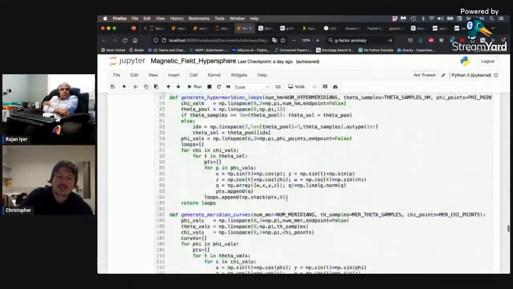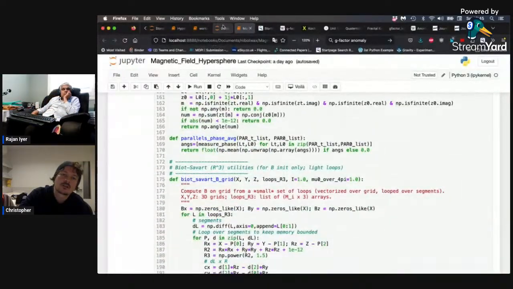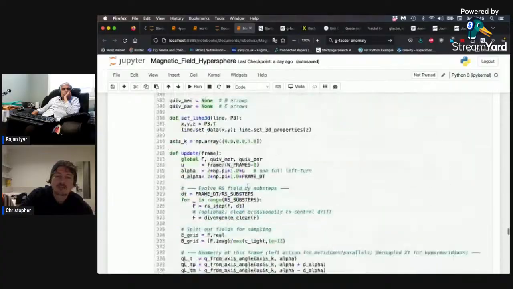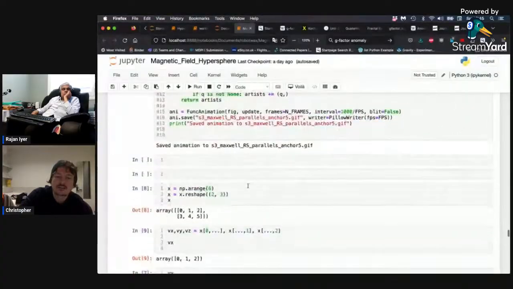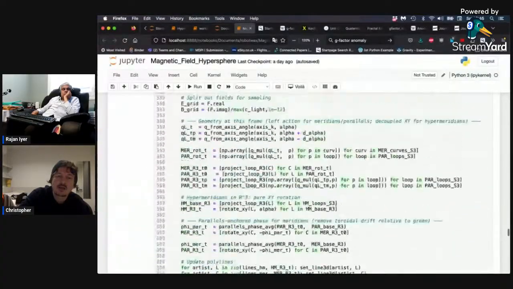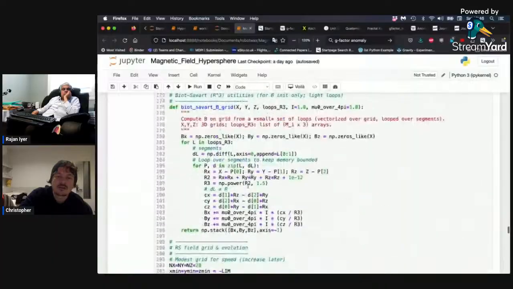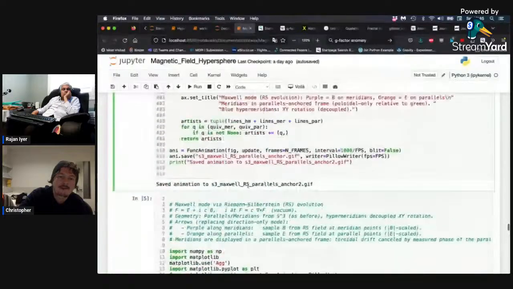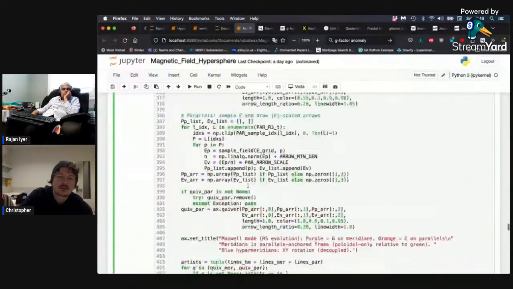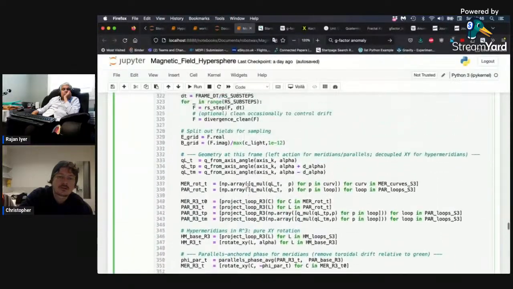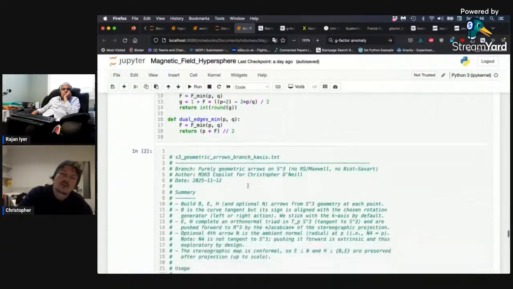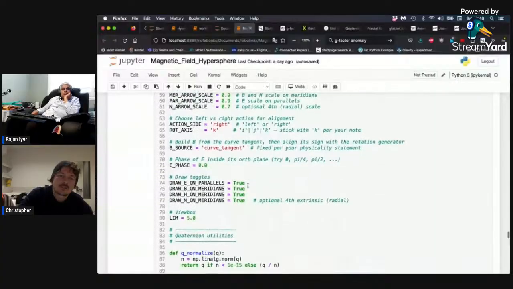So the newer versions eliminate that. And what we do is we just sample on the field lines and then take the tangent to that field. Oh, well, that still has Biot-Savart there for some reason, which we don't want. And this one, or maybe it's further down. Yes, this is it.